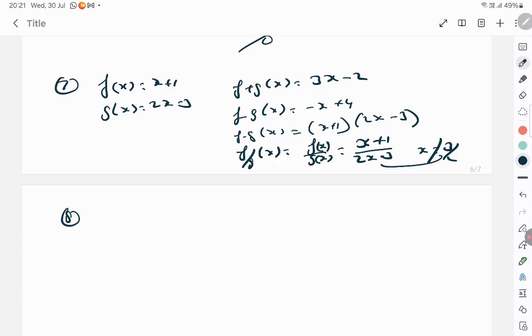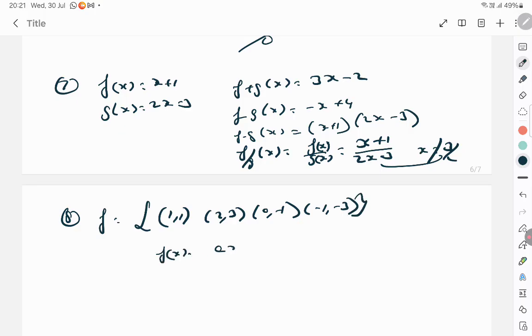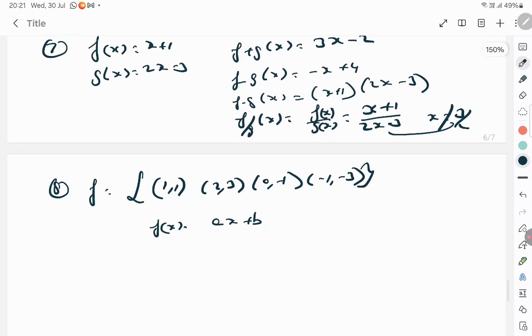So let's go to 8th question. Function f is equal to (1, 1), (2, 3), (0, -1) and (-1, -3). They have already given that the linear function is ax plus b. Find a and b. This is your x value, this is your y value. y is equal to ax plus b, substituting, 1 is equal to a plus b, equation number 1.